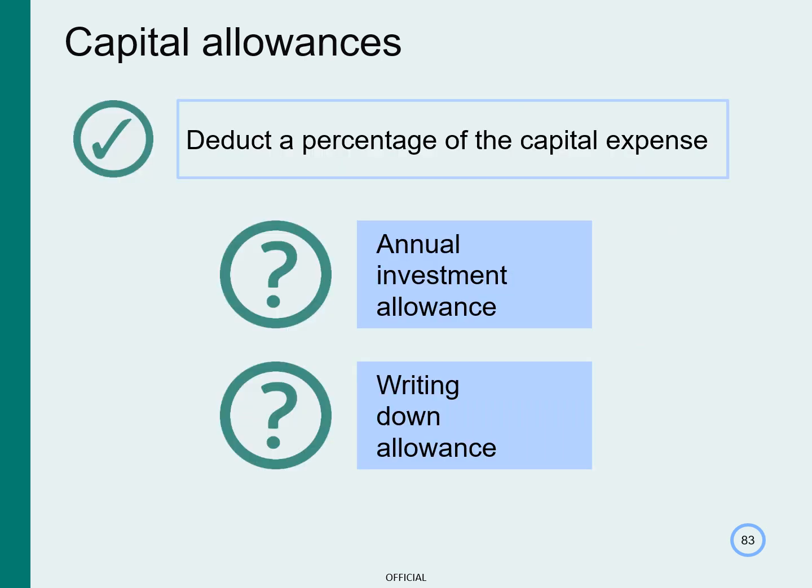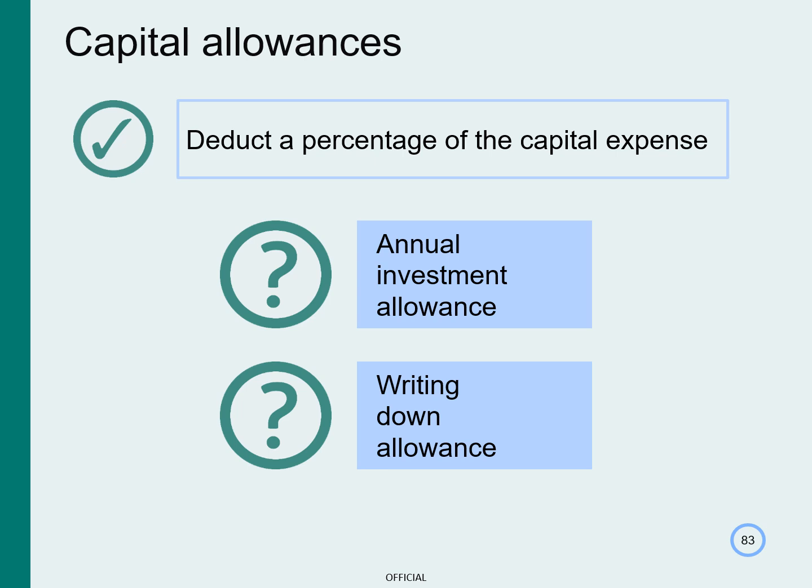Capital allowances allow you to deduct a percentage of the capital expense from your property income to work out your profit or loss. This may be what we call an annual investment allowance, sometimes known as an AIA or a writing down allowance.